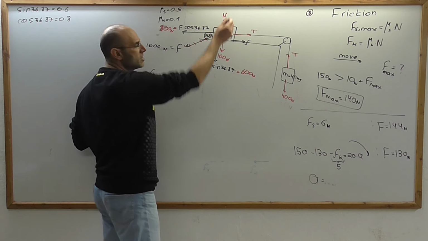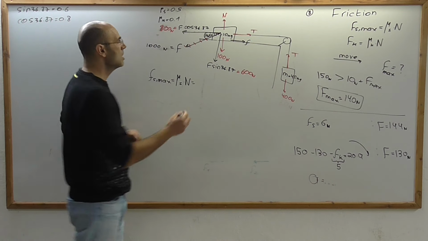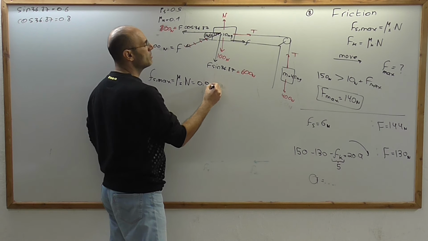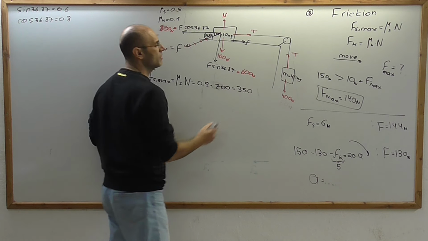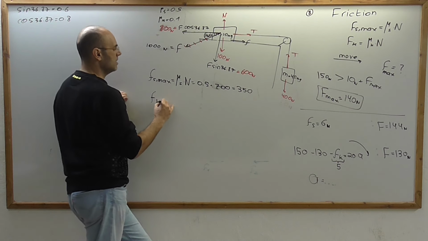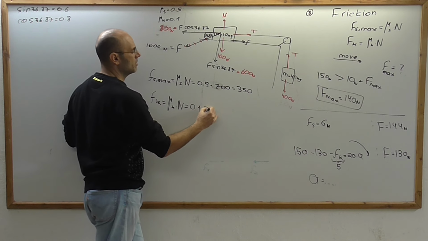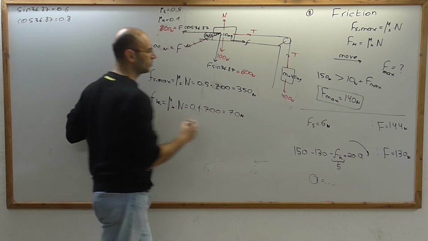So it's 0.5 multiplied by 700, which is 350 newtons. And F kinetic is mu kinetic multiplied by the normal force, 0.1 multiplied by 700, it's 70 newtons.